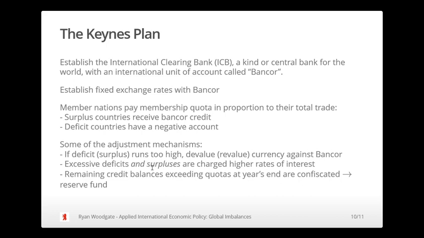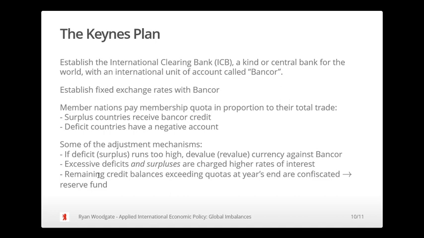And that's the real difference now in the Keynes plan, is to say, well, if you hold on to your surpluses and do nothing with them and don't lend them out at affordable interest rates, we will take them from you. The ICB will take the surpluses from you. They're essentially taxed at a higher rate of interest once they exceed a certain multiple of the quota that was agreed as they enter the ICB.